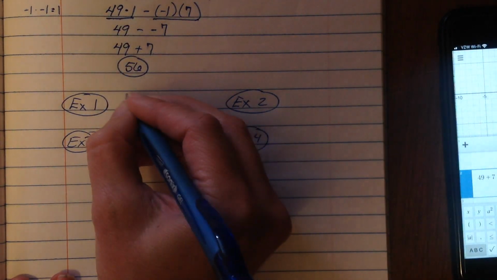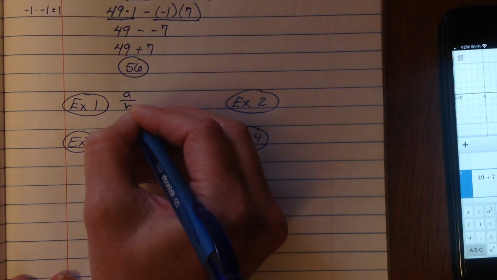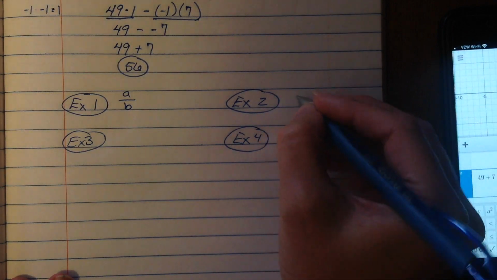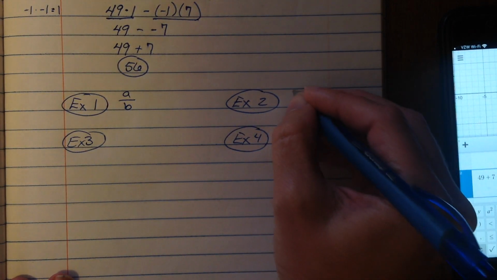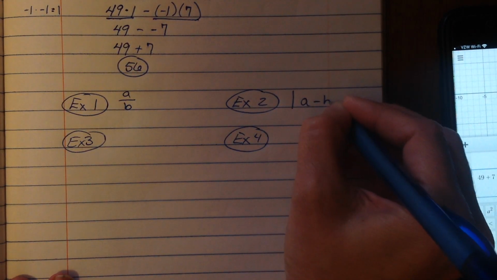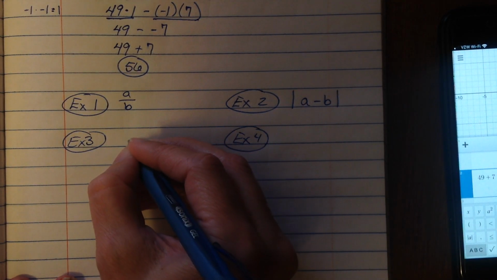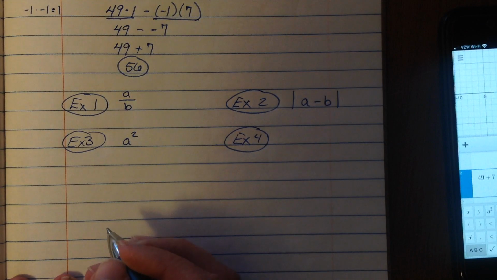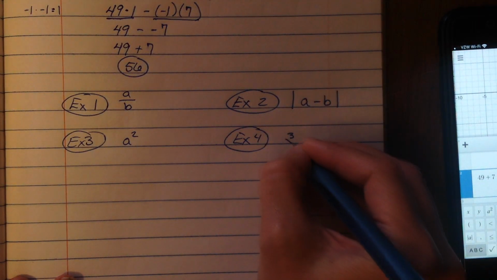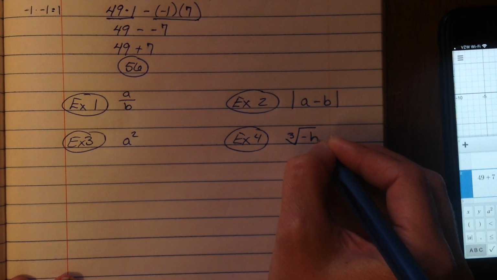First thing I want you to do is A over B. Second thing I want you to do is the absolute value of A minus B. Third example I want you to do is A squared. And the last thing I want you to do is the cube root of -B.